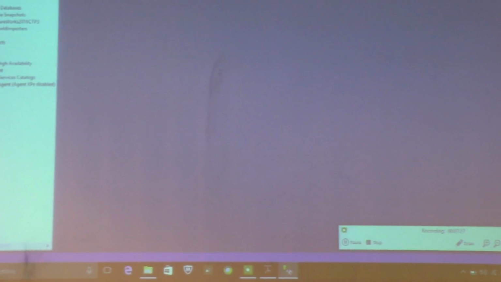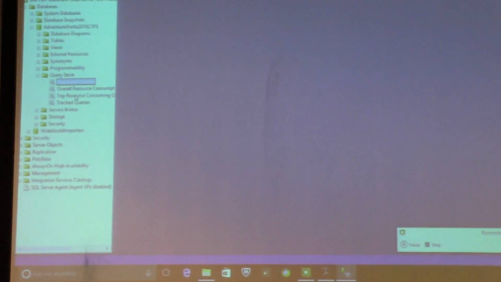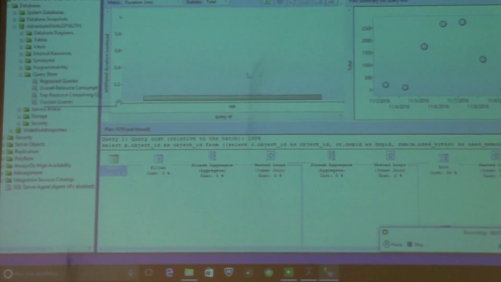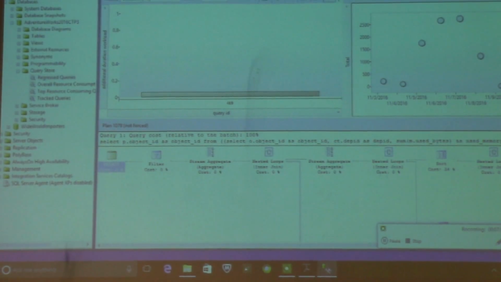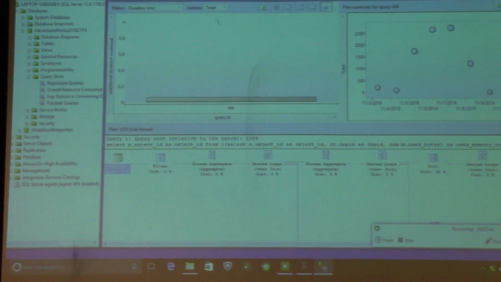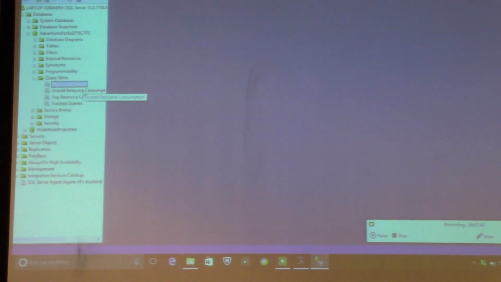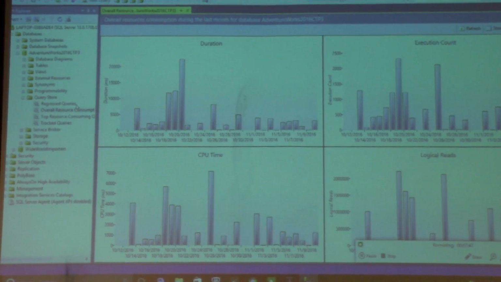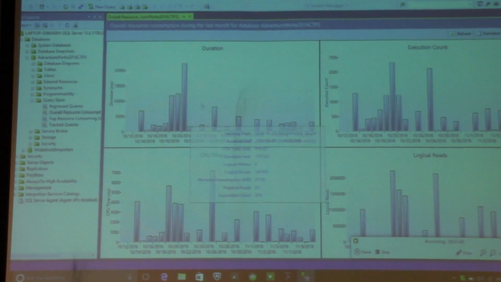So where is this story in the database? For example, this is SQL Server, right?